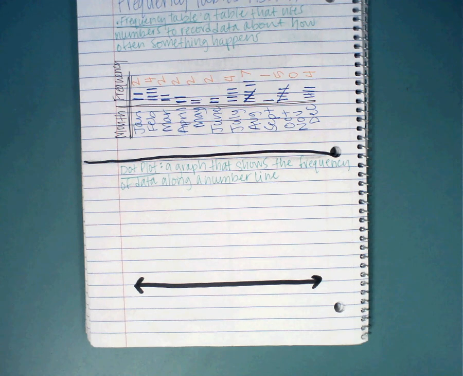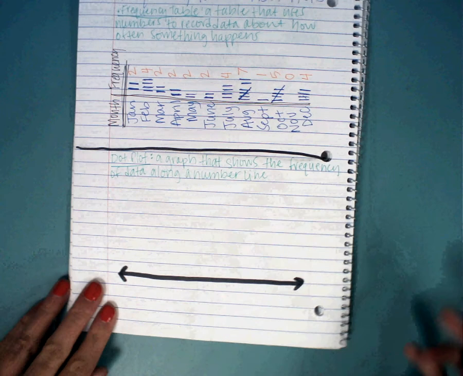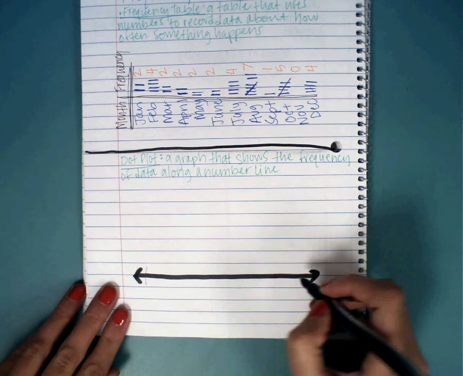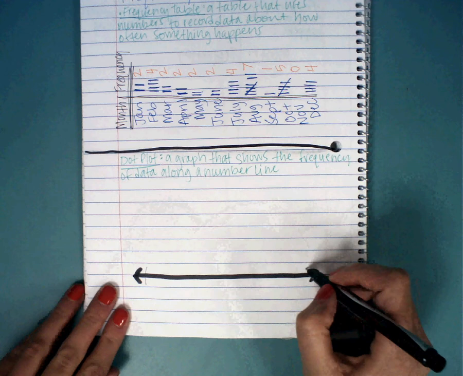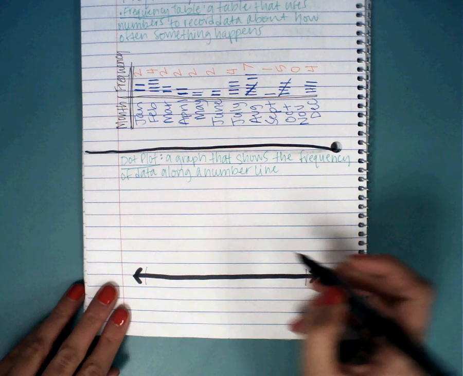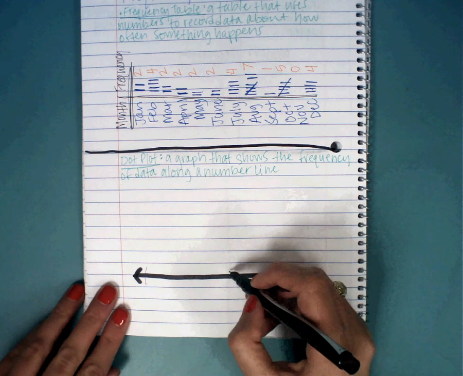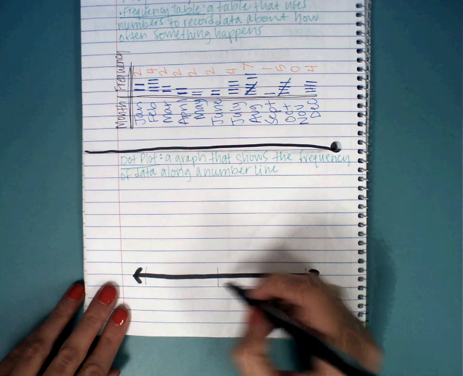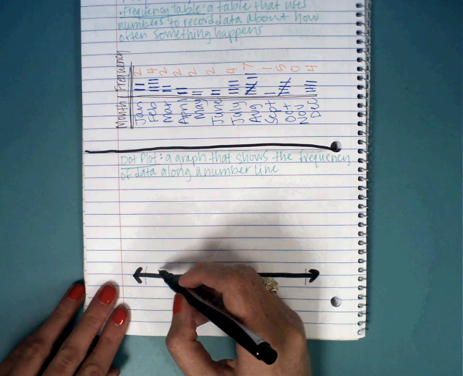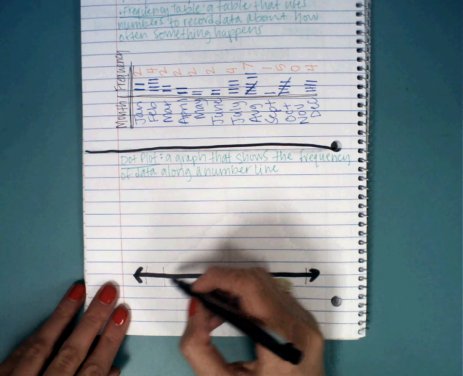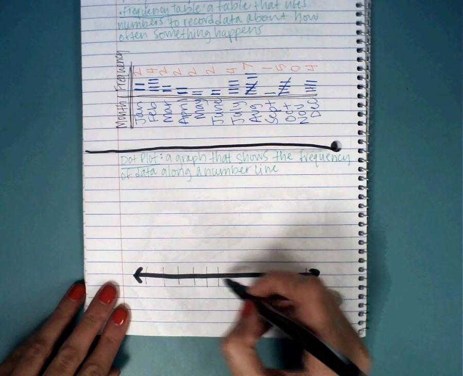Down here at the bottom, instead of numbers, I'm going to end up putting the months, right? So I'm going to put January, December. So I basically need to cut it in half. January, February, March, April, May, June, July, August, September, October, November, December.